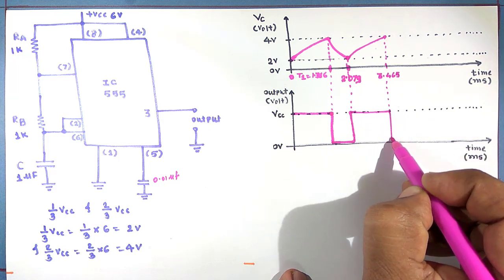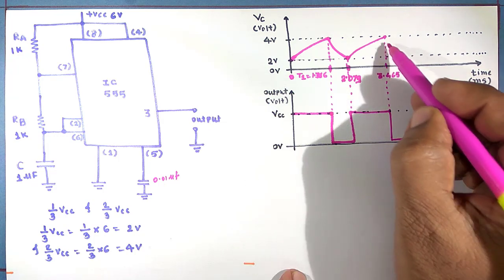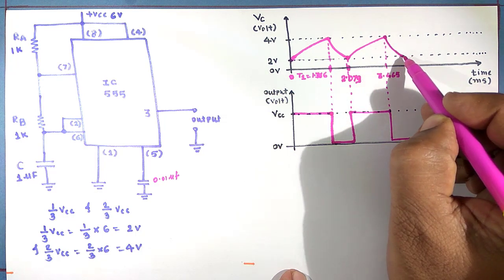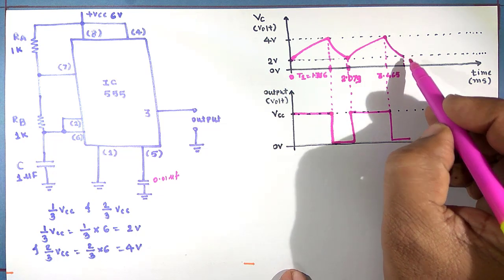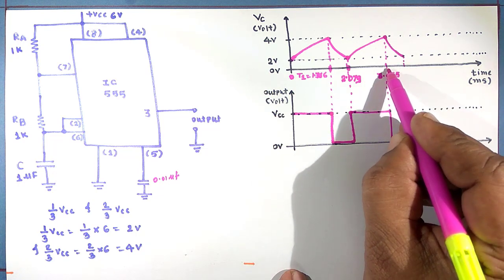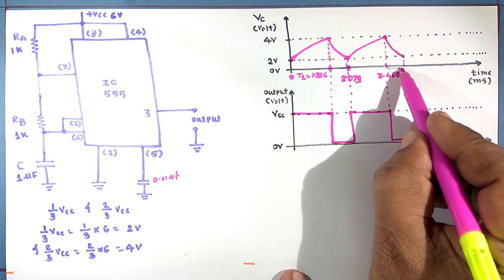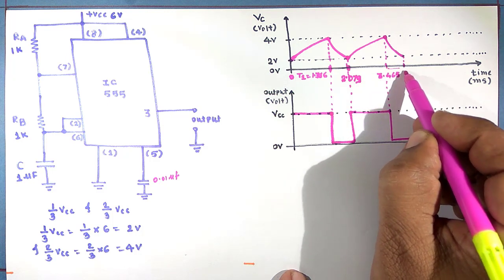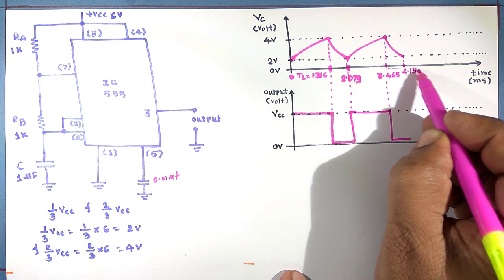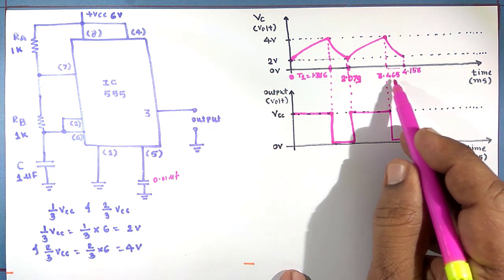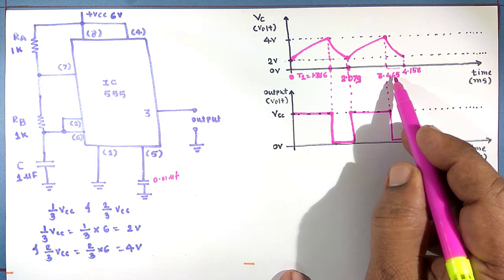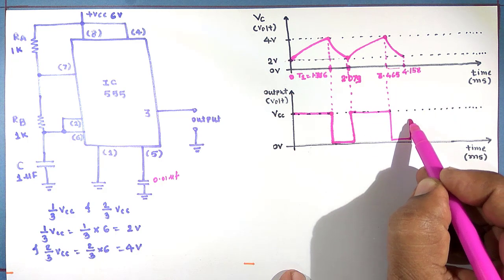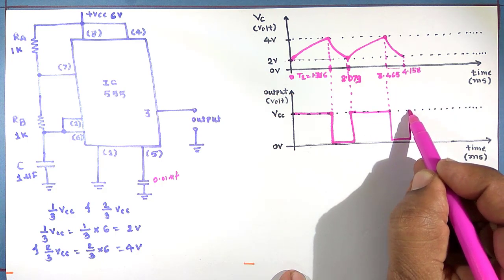Again output will become low, it will remain low for time t2, and in time t2 capacitor discharges. Again 3.465 millisecond plus discharge time 0.693 is 4.158 millisecond. At 4.158, again this will become high.